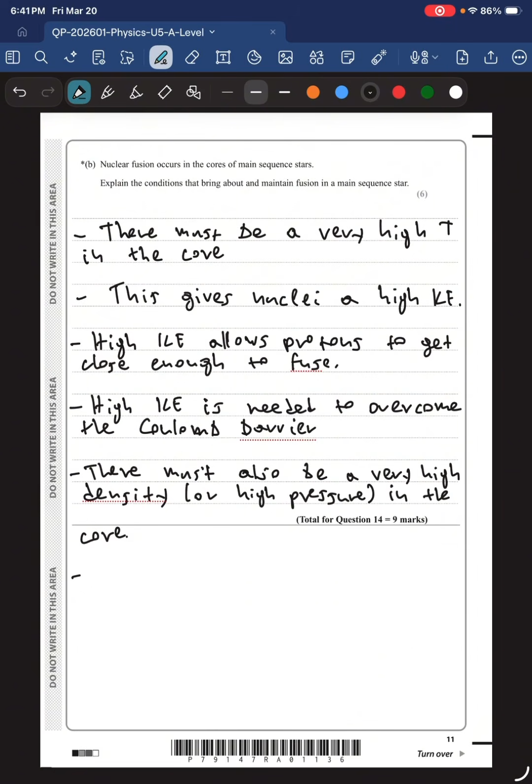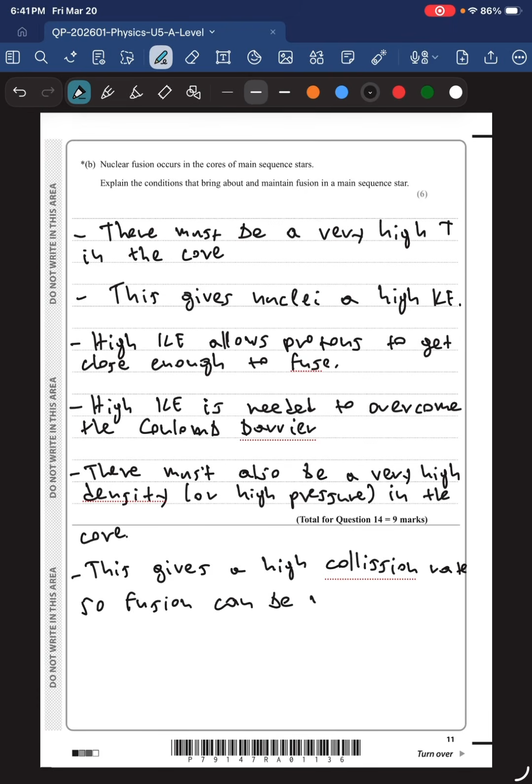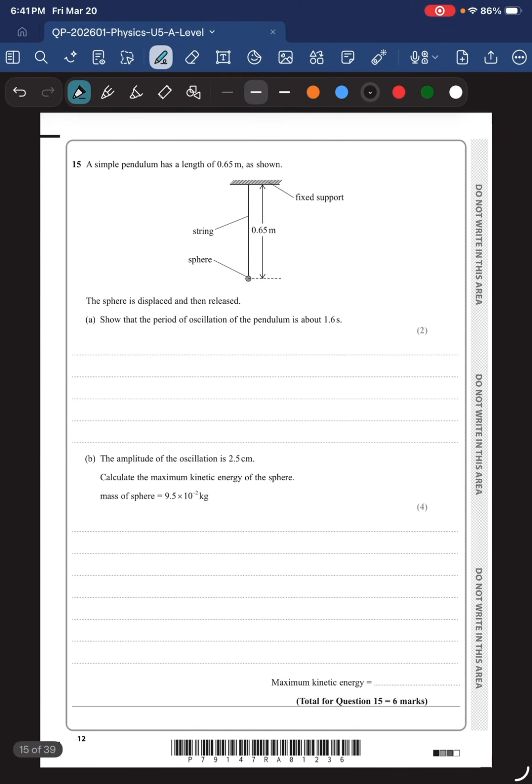Okay, this gives a high collision rate, so fusion can be maintained. Right, and this is, I believe, a complete answer. I mean, I think we covered everything that needs to be covered. So let's move on to question 15.